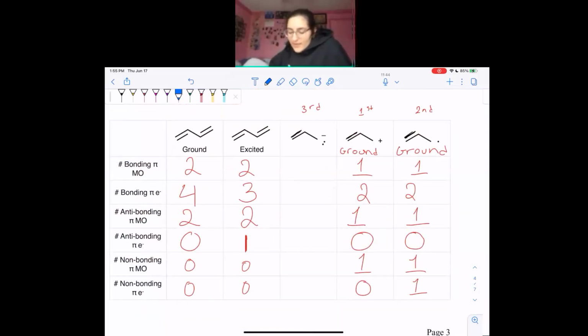So in the ground state, how many pi orbitals do we have that are bonding? 1. Yes. How many non-bonding do we have? 1. How many anti-bonding do we have?